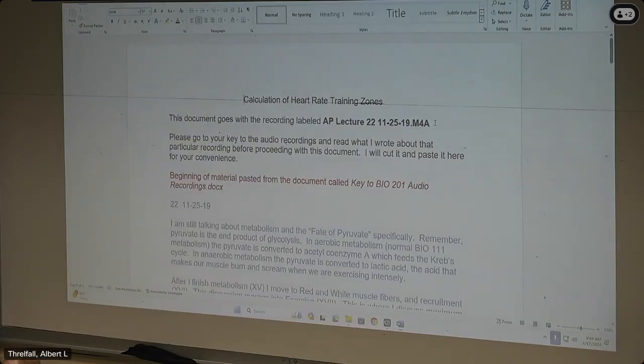When you see something like this, or this, just ignore it. This document was created during the pandemic when most people were at home.